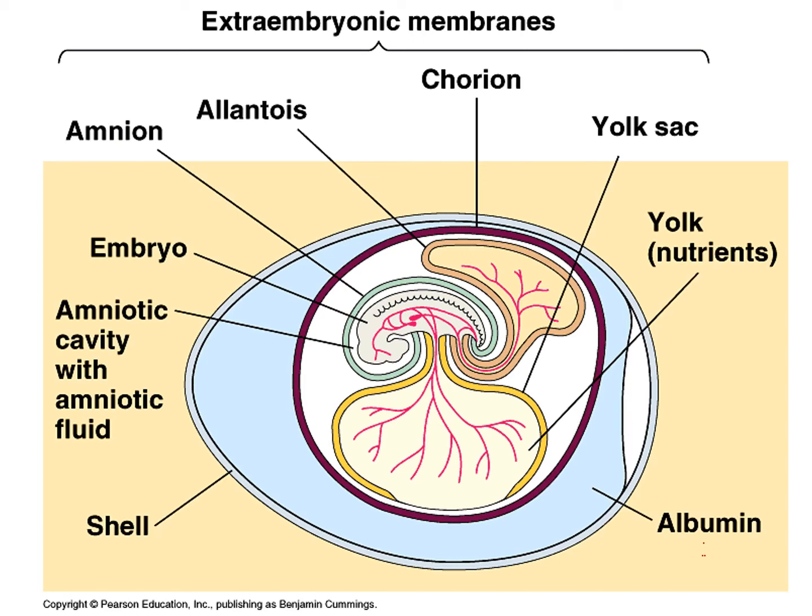Also, if we take a look at the connections to the yolk and also to the allantois, we have these blood vessels that go back and forth between these structures, and this is an umbilicus.